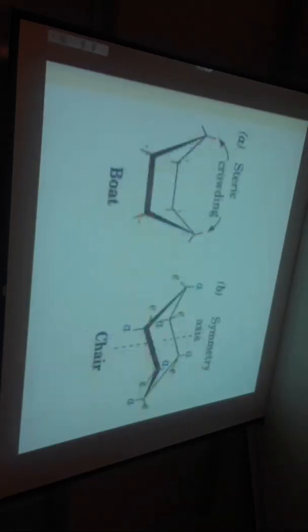So as I said, while the Haworth projection implies that we're dealing with planar ring systems that would involve all 6 atoms in a pyranose, this is not the case in reality for steric and energetic reasons.